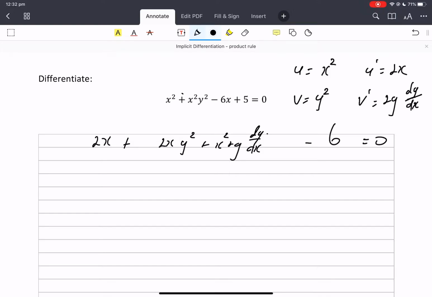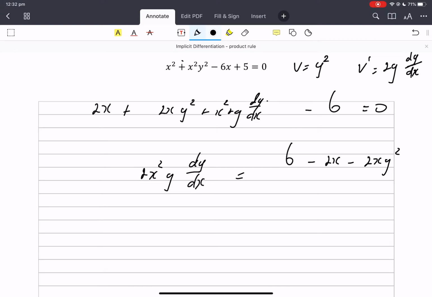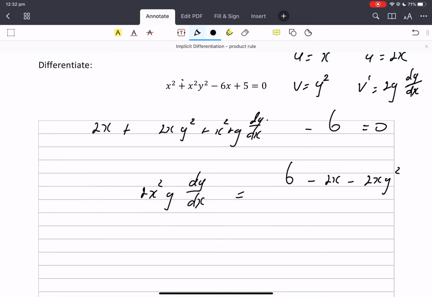So let's just go 2y, 2x squared y. And let's get everything else other than that on the other side. So that'll be 6 minus 2x minus 2xy squared. I don't know why I did that on the line above. I guess I knew because I was getting this to the other side. But anyway.